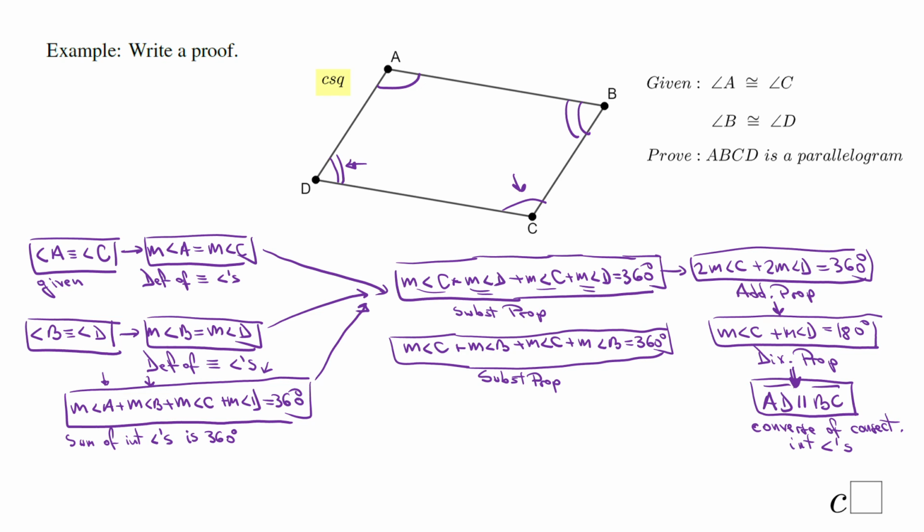Very similar here. I'm going to write twice the measure of angle C plus twice the measure of angle B equals 360. So addition property.